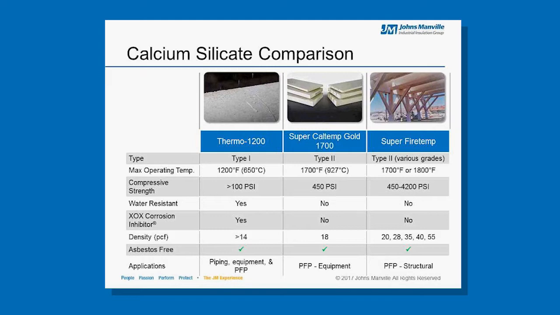The densities for these products are higher, the compressive strength for these products are higher, and their temperature ratings are higher than Thermo 1200. Thermo 1200 is the insulation workhorse. It has got exceptional compressive strength, as I mentioned, as well as superior thermal performance, which we'll discuss as we go through here.